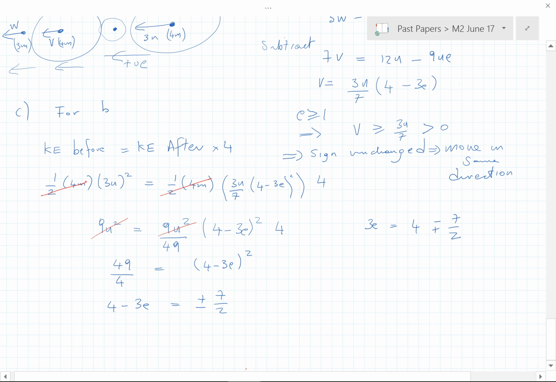Obviously the positive one now will not yield anything because our e is going to be too big. It'll be greater than 1. So e is equal to 4 minus 7 over 2 divided by 3. So that's 4 minus 7 over 2 is equal to a half, divided by 3, so that gives e equals 1 over 6. Okay, so that's that paper done.